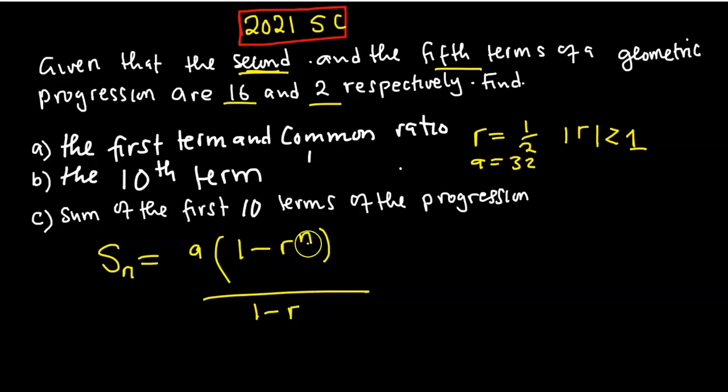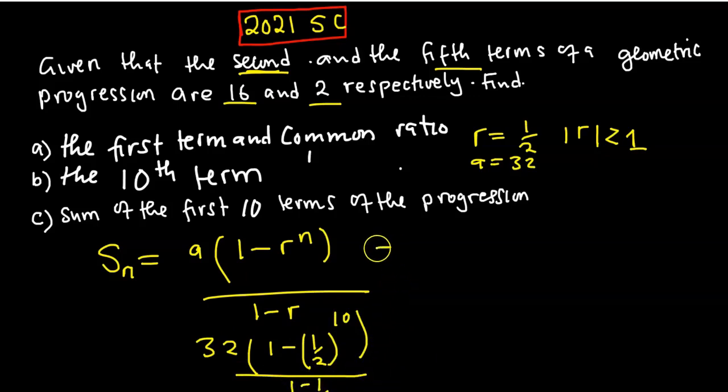So for the 10th term, where there is n, we put 10. The first term we said is 32. So 32 times 1 minus 1 over 2 raised to the power 10, divided by 1 minus 1 over 2. What is it going to be? So 32 outside, then inside: 1 over 2 to the power 10 is just the same as 1 to the power 10 over 2 to the power 10. 1 to the power 10 is 1.